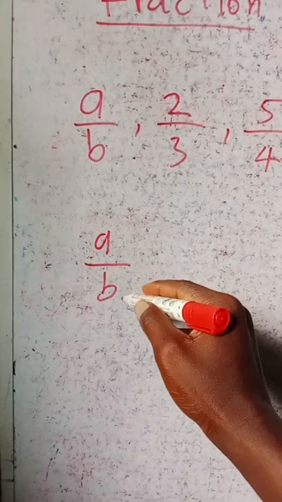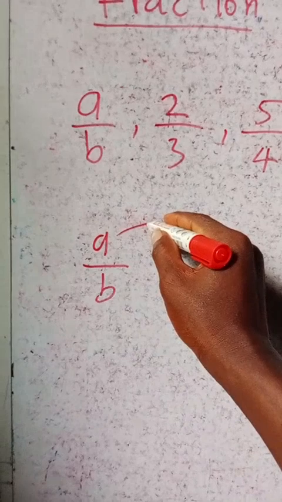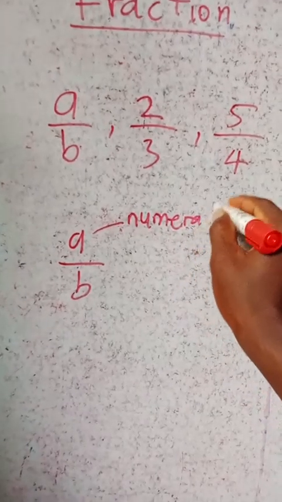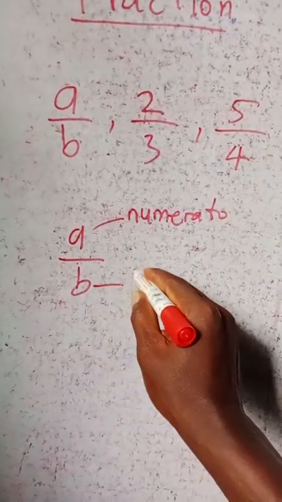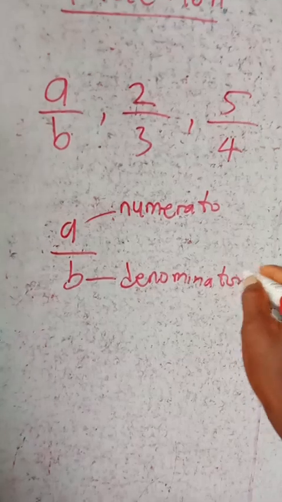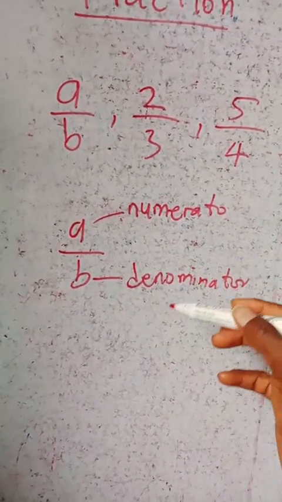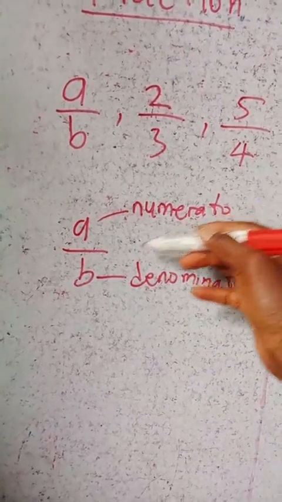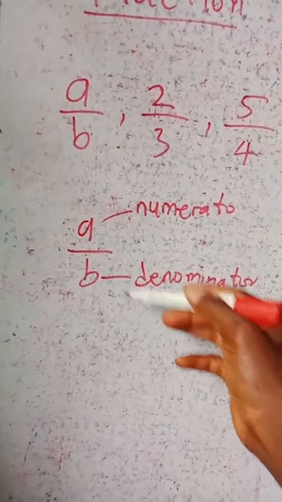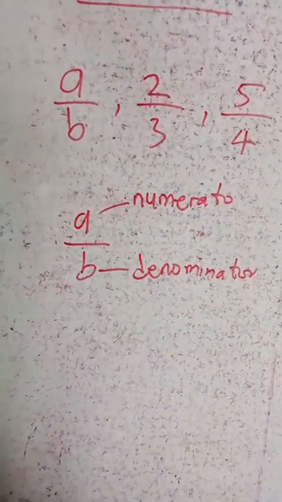Something over something, where the one on top is called the numerator, while the one down is called the denominator. So it is the ratio of numerator to denominator. That is what a fraction is. So whenever you see something like this in an expression, it means a fraction.